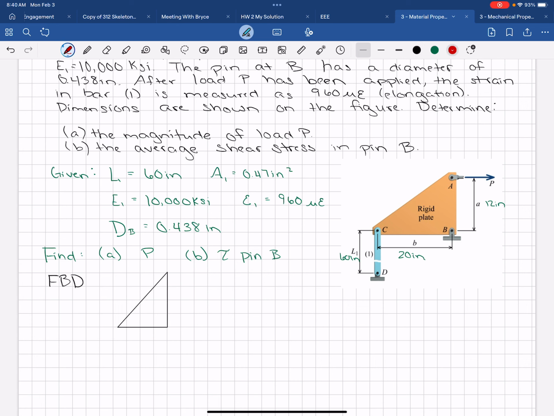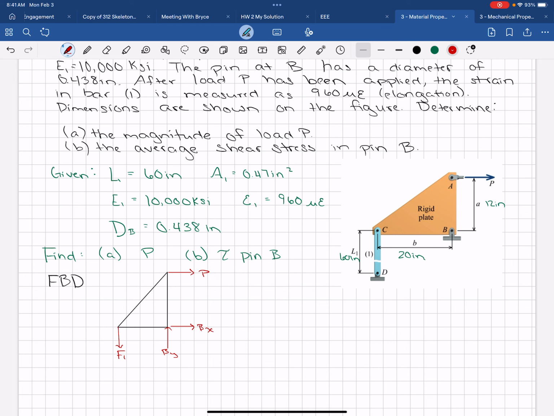The forces and reactions on the plate. We have P up here. We have the force in bar 1 here. Then we have a reaction in the y direction at B and a reaction in the x direction at B.